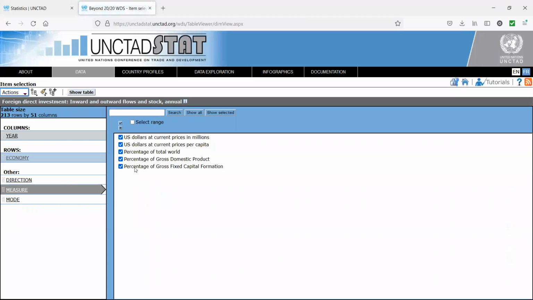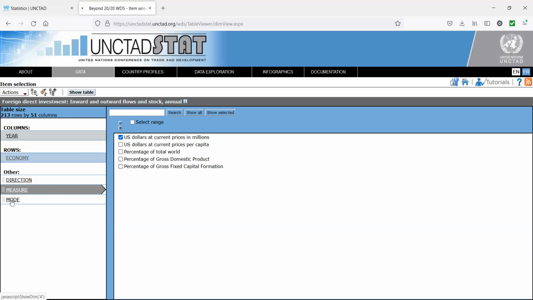In terms of measure, you have US dollars at current prices in millions, US dollars at current prices per capita, percentage of total world, percentage of gross domestic product, percentage of gross fixed capital formation. What we need to look at, let's say, is US dollars at current prices in millions.